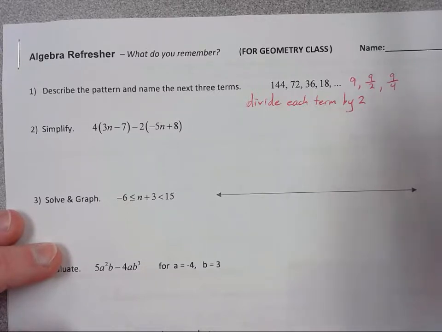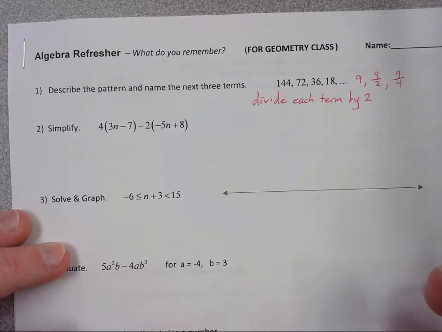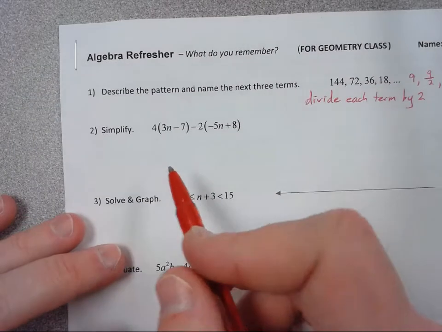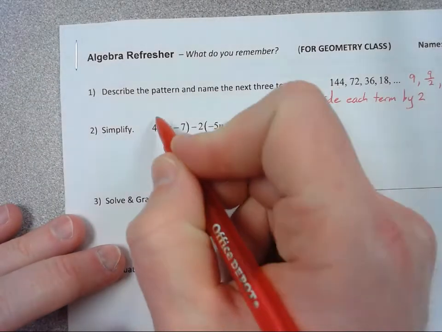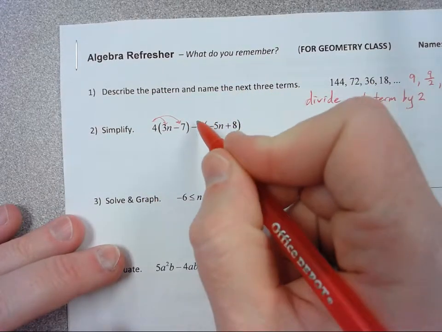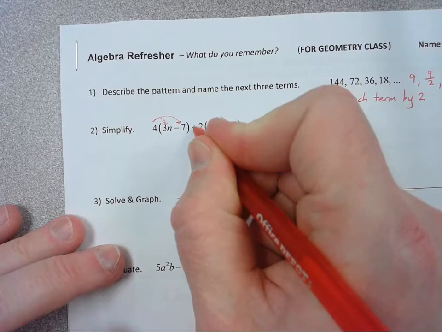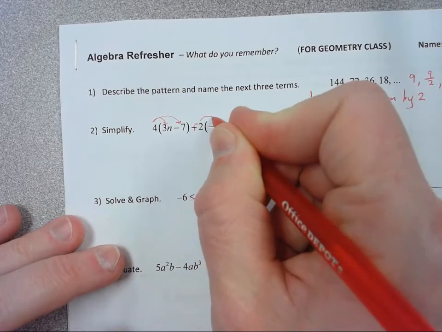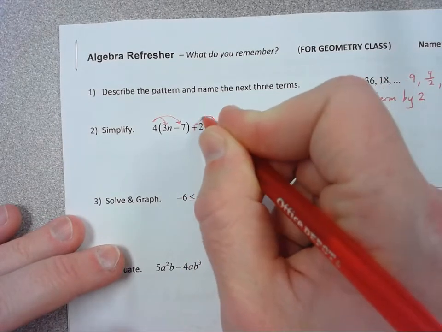Number 2, to simplify this, I need to distribute 4 times 3n, 4 times minus 7, and then think of this as a negative 2, so negative 2 times negative 5n, and negative 2 times 8.